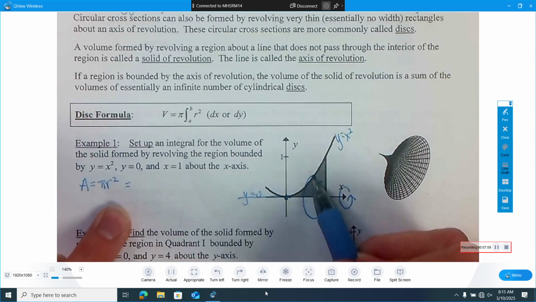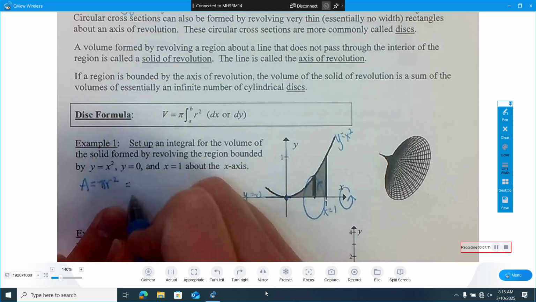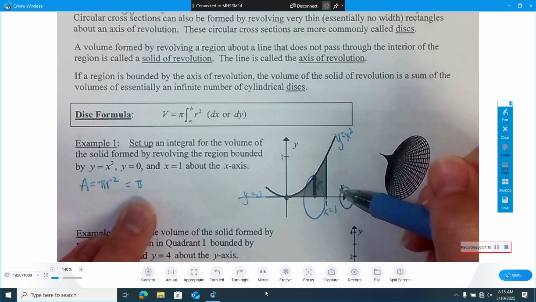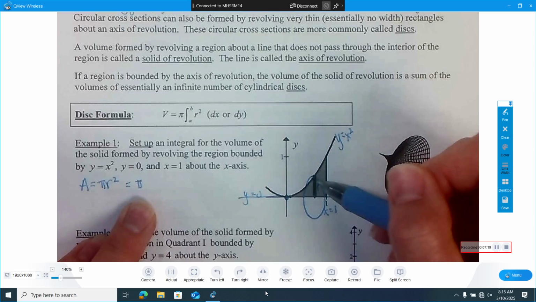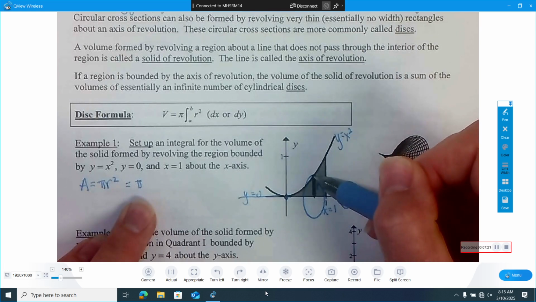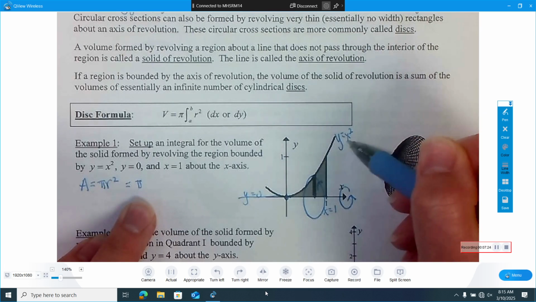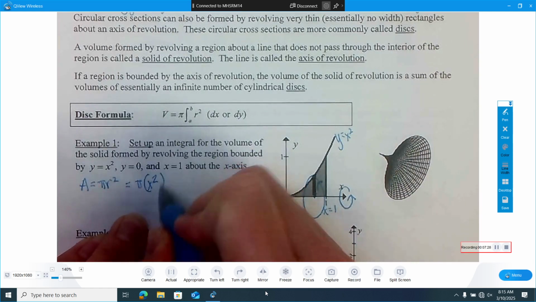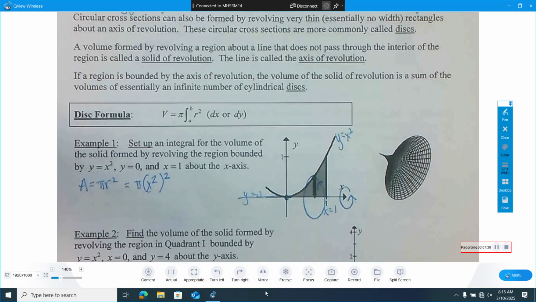How do we get the height of that radius? Yeah, it's just landing on our curve here, which is defined by y equals x squared. Well, there it is, just x squared. And then we have to square that.